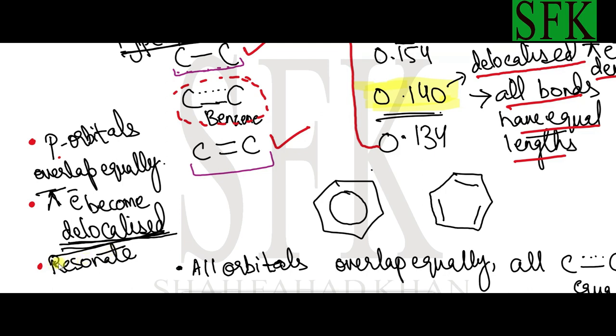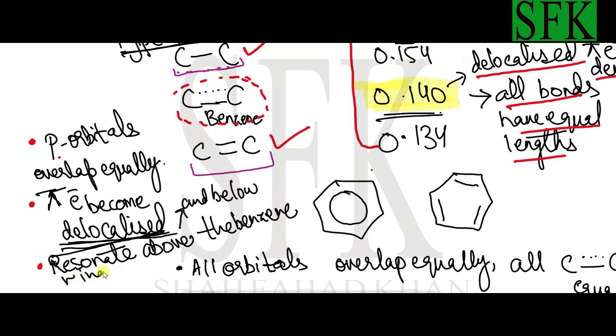But the third point, it's better to write it if the question is for 3 marks, but if it's just a 2-mark question, the first 2 points are enough. The pi electrons resonate above and below the benzene ring, making all the carbon-carbon bond lengths equal.